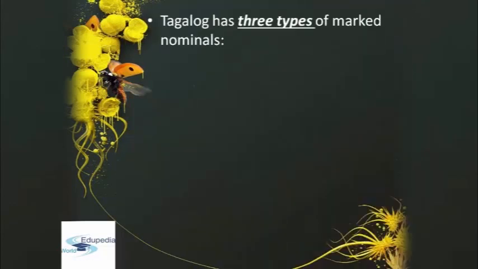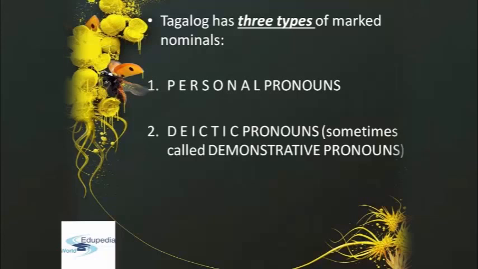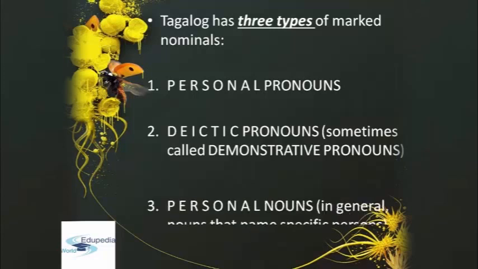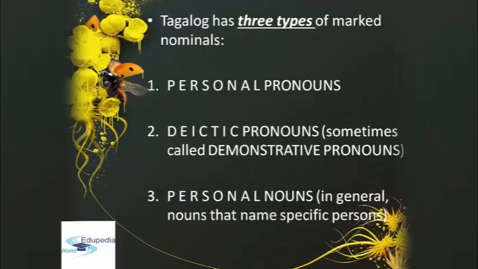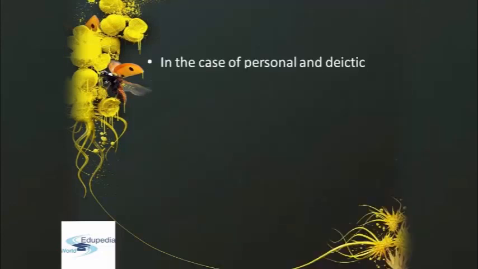Tagalog has three types of marked nominals. First, we have the personal pronouns. Second, we have the deictic pronouns, which are sometimes called demonstrative pronouns. Also, we have the personal nouns, and in general, nouns that name specific persons.